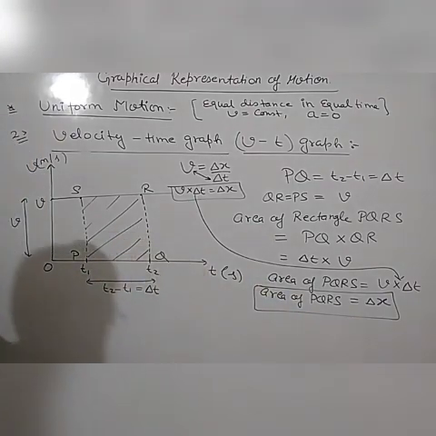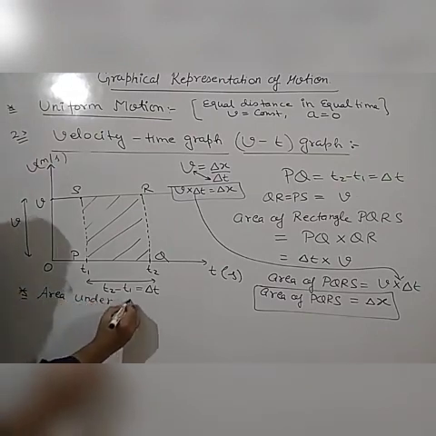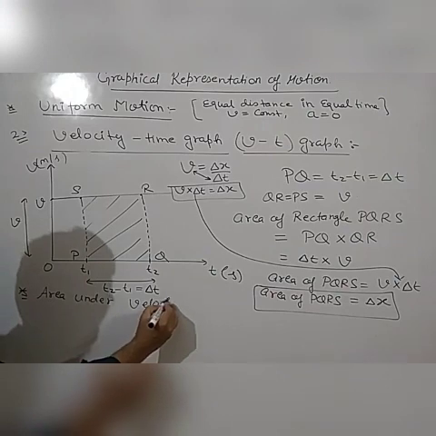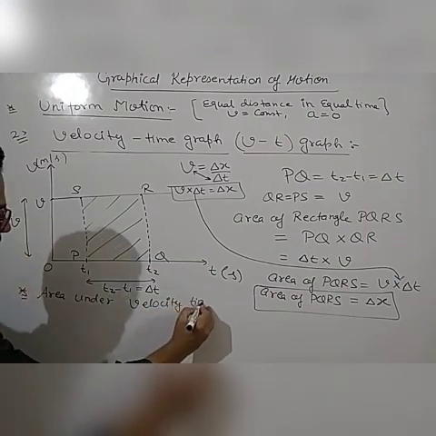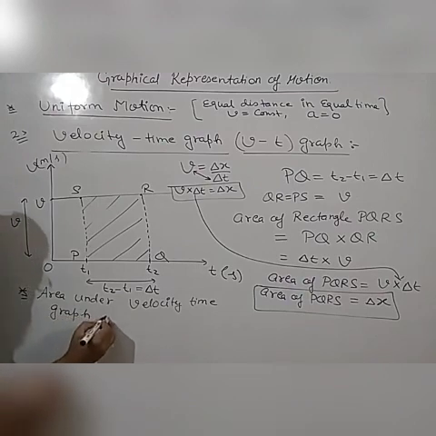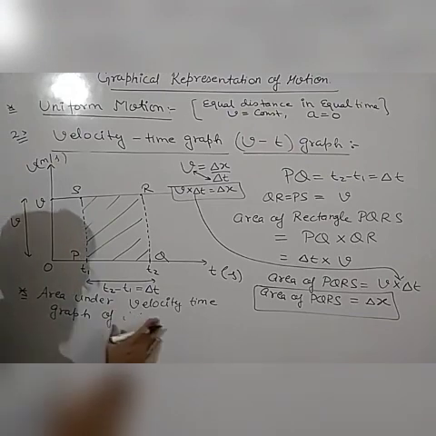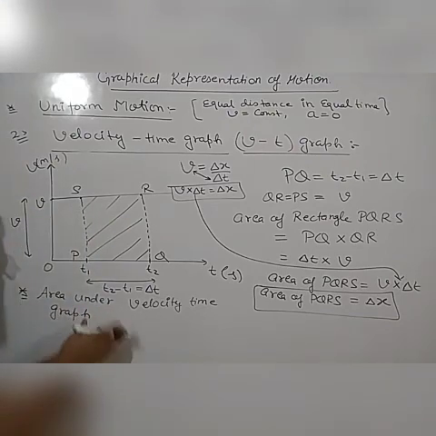So what is the point? Note it down. Area under velocity time graph of uniform, or it can be for any uniform and non-uniform motion.